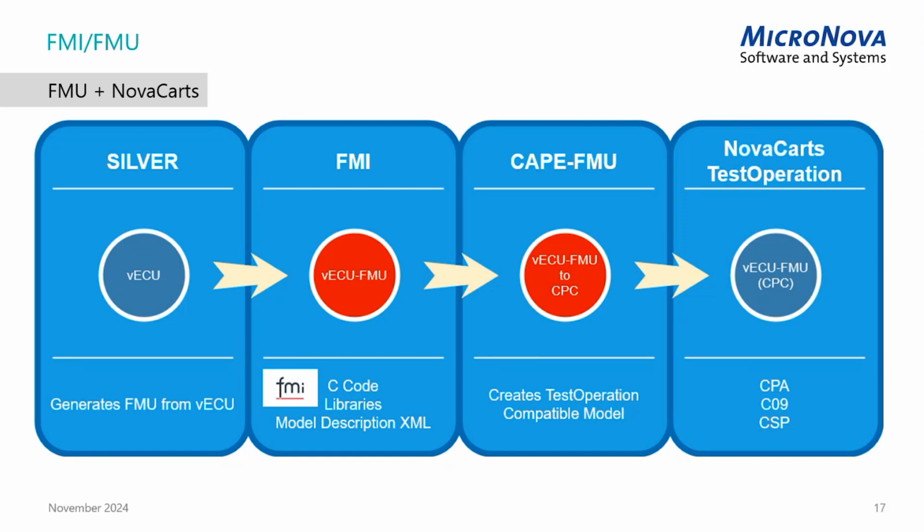And then thanks to some software, for example, Micronova has the Escape FMU, you can transfer your model to any platforms. For example, from this FMU, we can transfer it to our NovaCard friendly software packages, and we are great to go. We can just start the same model on a different platform.